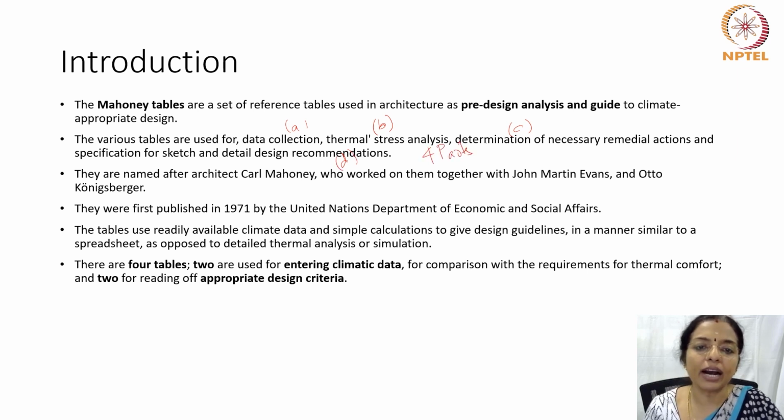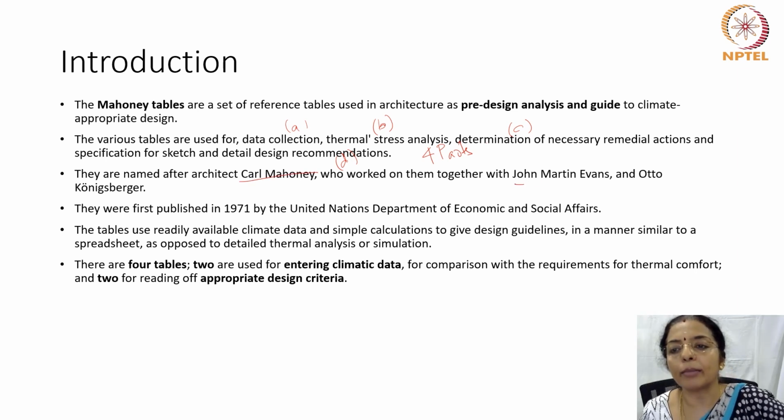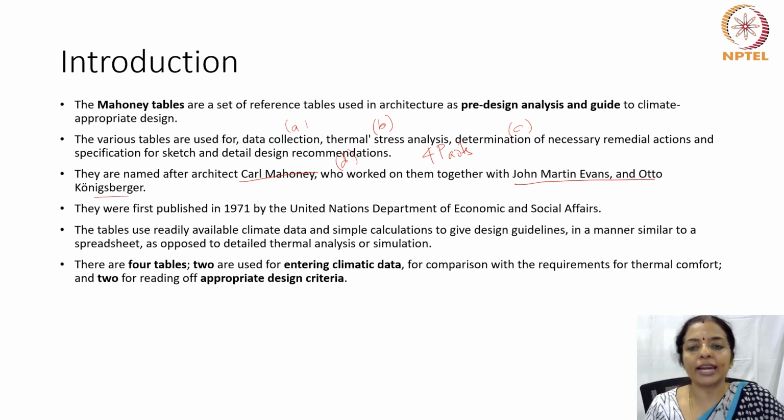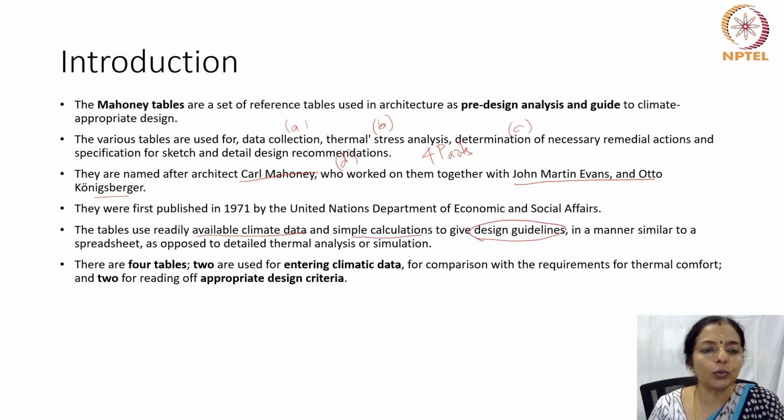They are named after Carl Mahoney, who has worked on them along with Martin Evans and Otto Koenigsberger. These were first published in 1971 by the United Nations Department of Economic and Social Affairs. These tables use available climate data and have simple calculations incorporated with them to give the output of design guidelines in a manner similar to a spreadsheet.